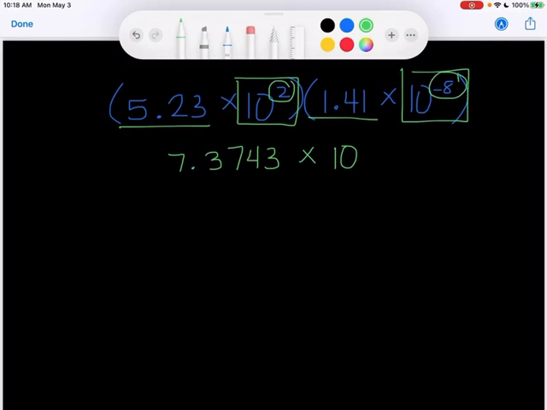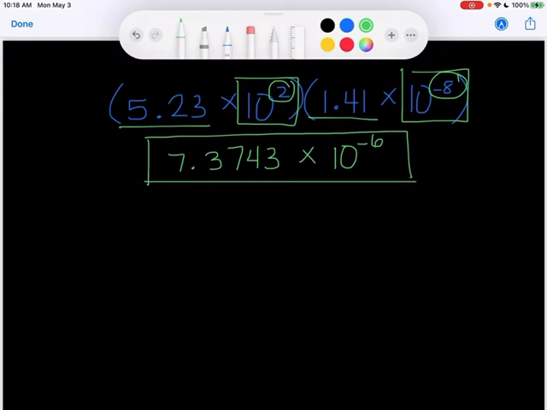So 2 plus negative 8 is negative 6. All right, and then when you're dividing, it's almost the same as multiplying, but make sure to divide your coefficients and subtract your exponents, just like you would with regular exponent rules.